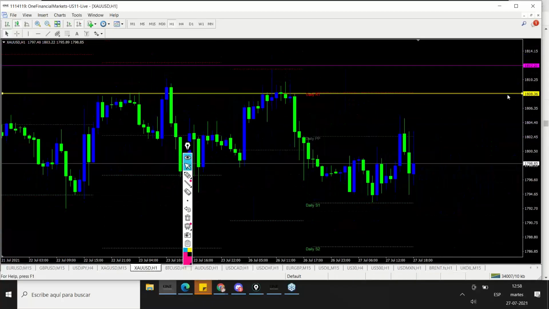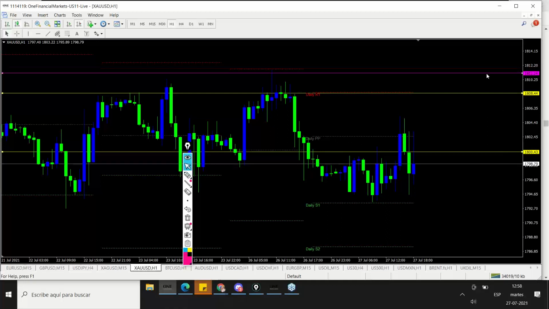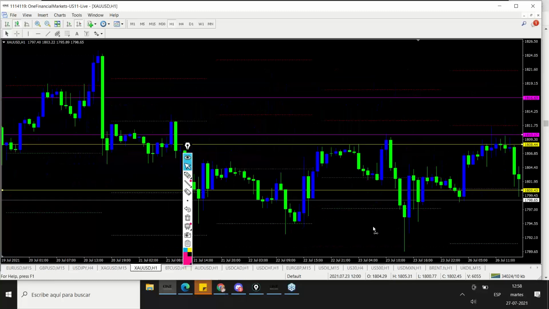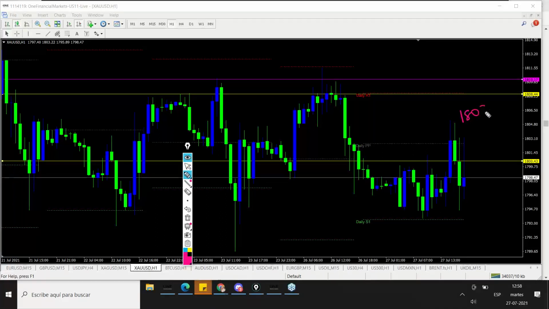We have 1800 here, then 1808, and then the 1810. It's pretty easy to see what the market is doing. They're buying at the 1800 and closing around the 1805, 1808, 1810. So they buy down here, close here, buy here, close here.